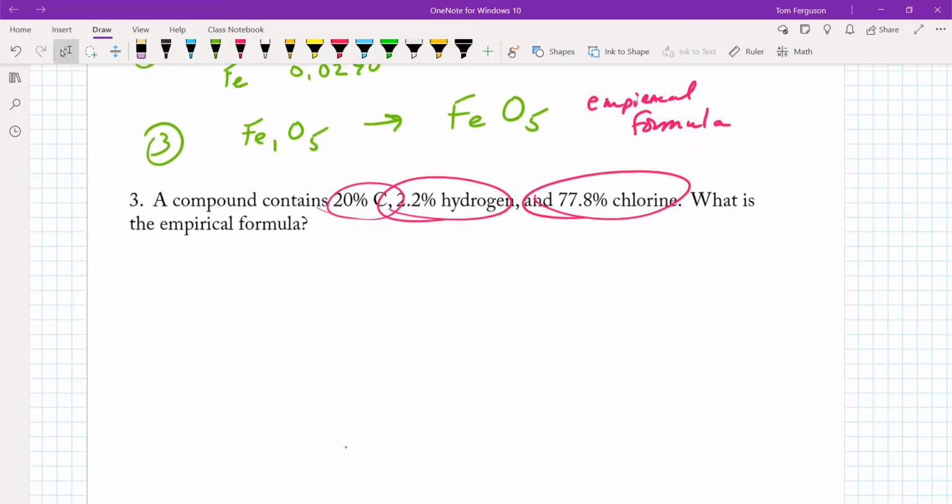Now, frequently you're given percents. And remember, percents always total 100. So if they only give you part of the percents, you subtract from 100 to get the remainder.